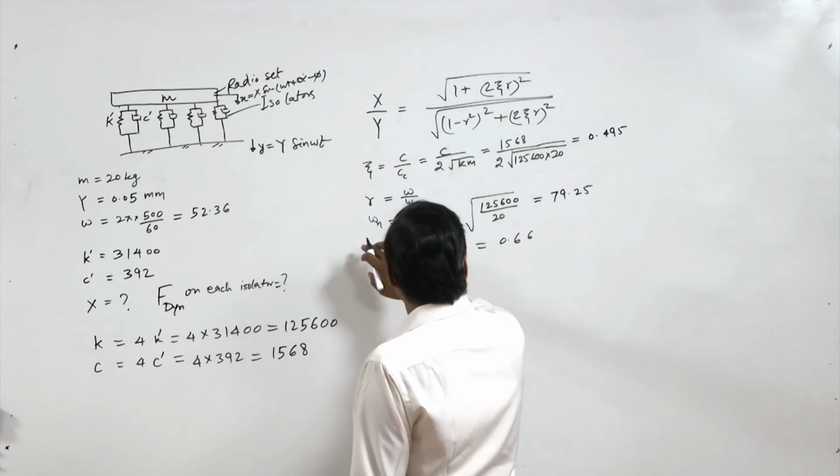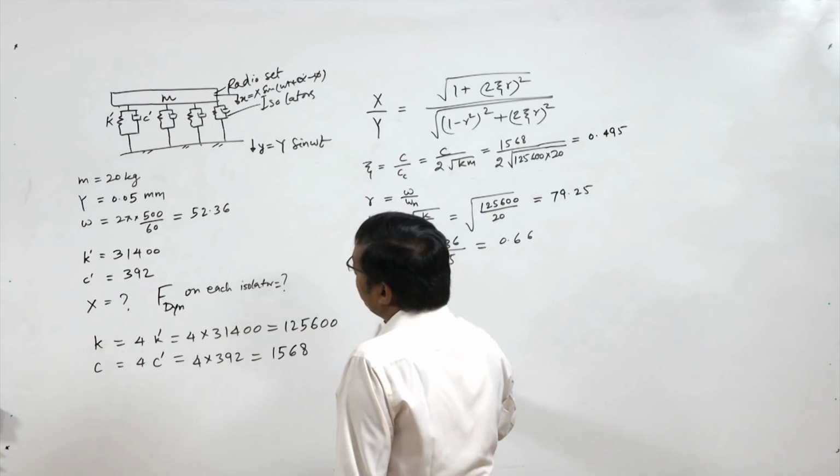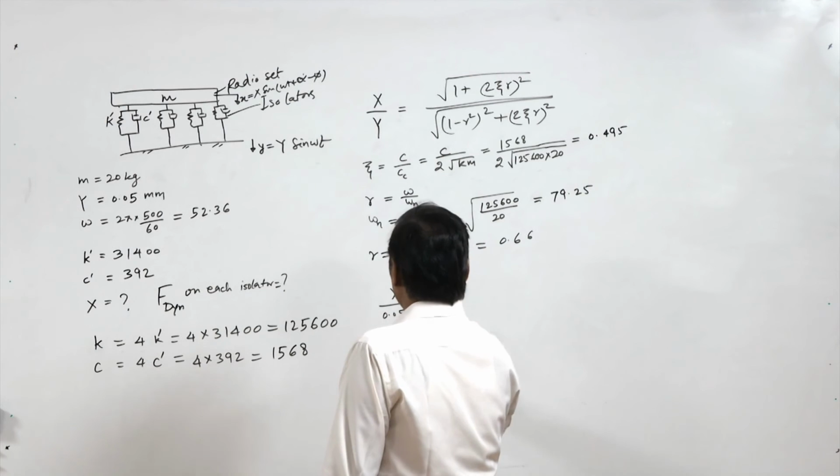So now we have r, we have zeta, we can put in this equation. So X by Y, Y is 0.05 mm.